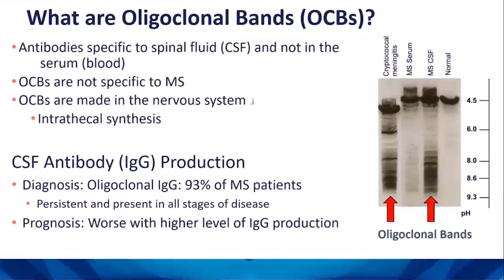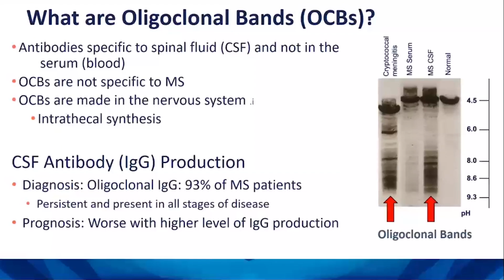They're actually just antibodies that are made specifically within the nervous system. 93% of MS patients have them, and they're present at all stages of the disease, whether the disease is active with symptoms or not. And with higher levels of those antibodies, it's been prognostically worse disease.